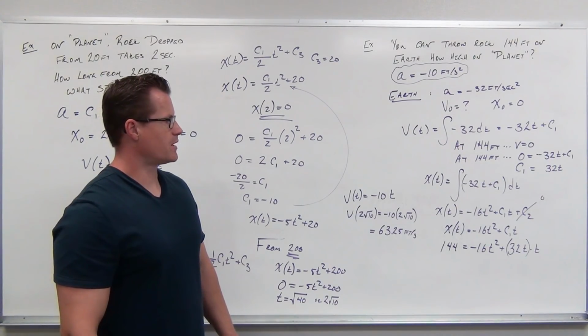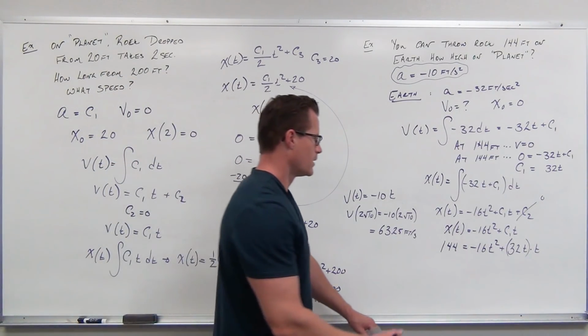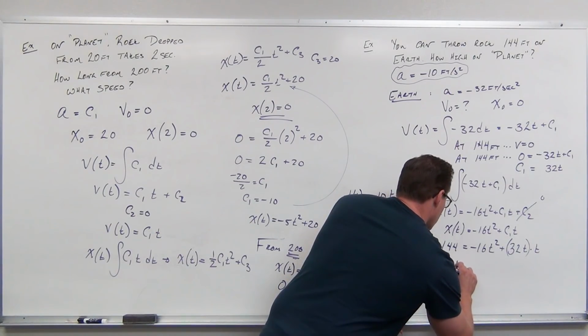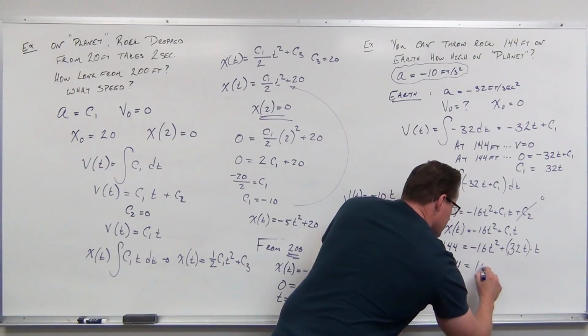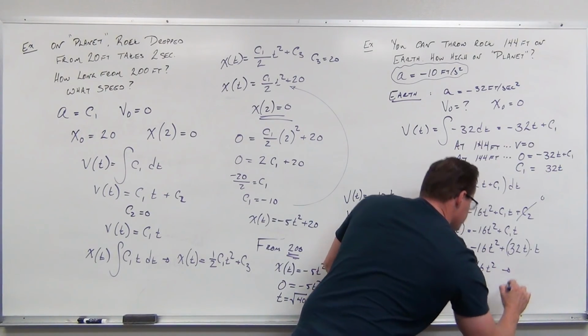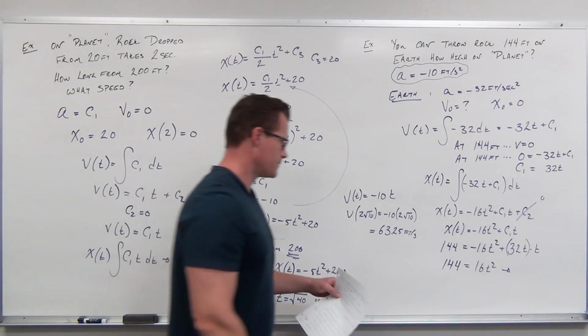I wonder if you could solve that for t and find C sub 1. I bet you could. I'll do it a different way in just a minute. So this is all going to give you 16t squared. And if we do that, that's got to be 3.